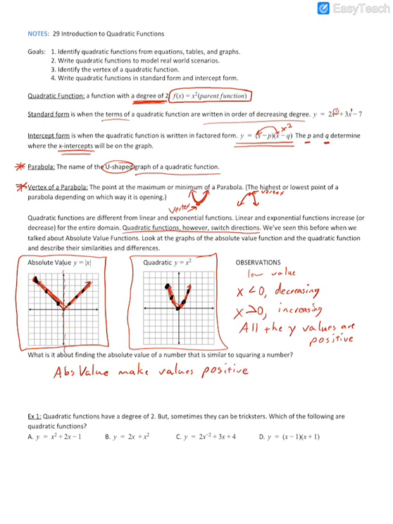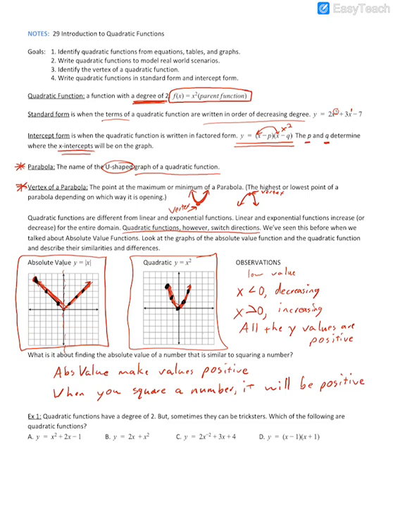What is it about squaring a number? Well, that's the same thing. When you square any real number, it's going to be positive. It will always be positive because you pick any number, and it's either going to be positive or it's going to be negative.